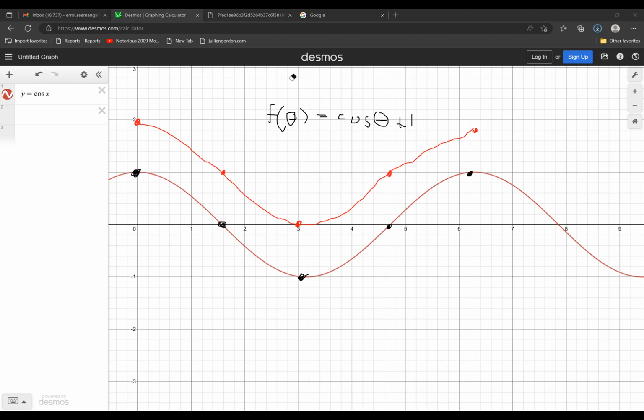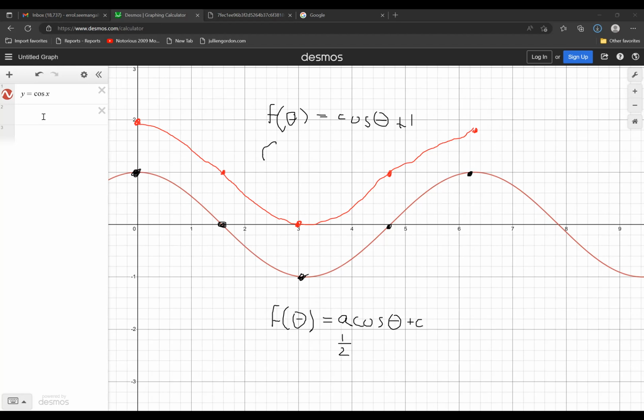If the general formula is f of theta equals a cos theta plus c, and the a value, the coefficient of the cosine, is a fraction less than 1, the graph will be condensed in the y direction. Basically, it's the original graph stretched vertically or horizontally, and then moved up, down, left, or right, or some combination.